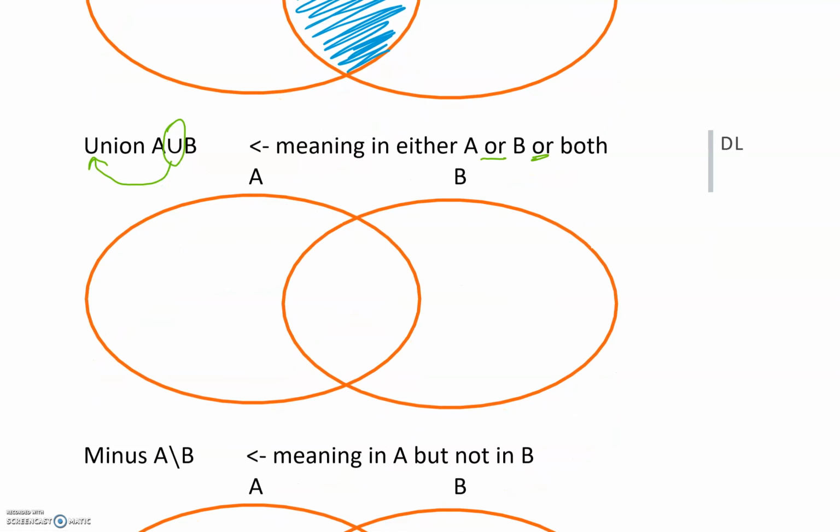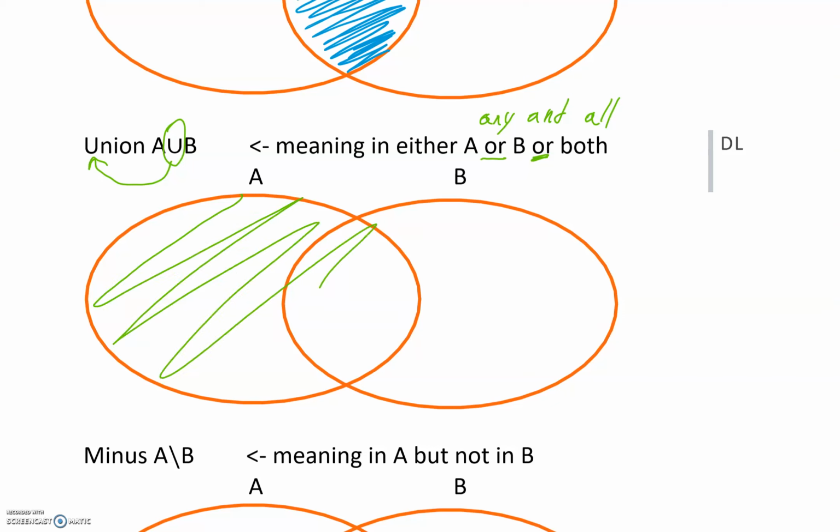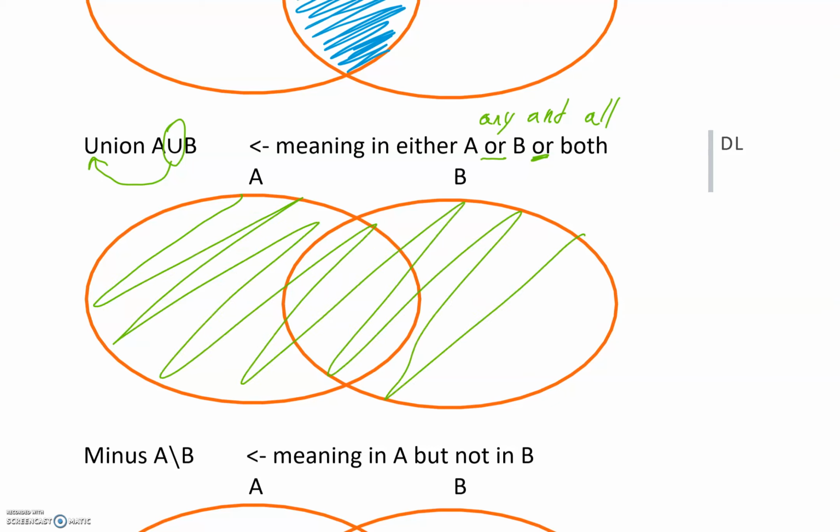So there's an or statement here. It's in any and all of A and B. So that would be this part. Let me show you here. Everything inside any of the two Venn diagrams would be in A or B or both.